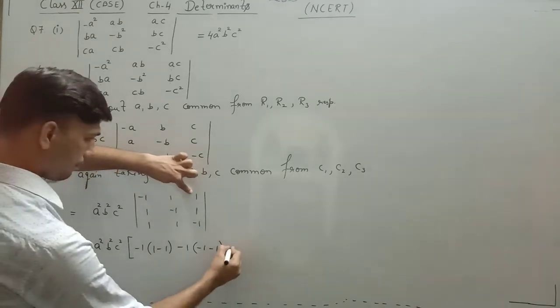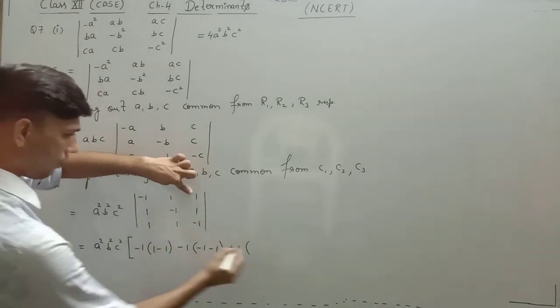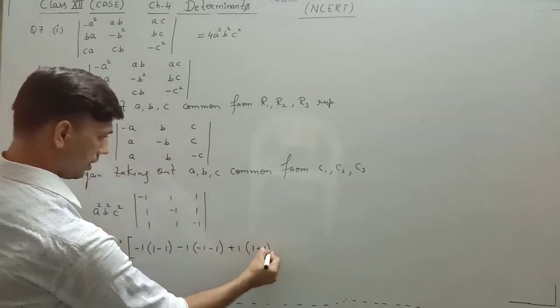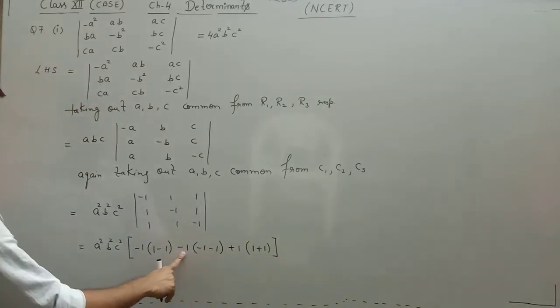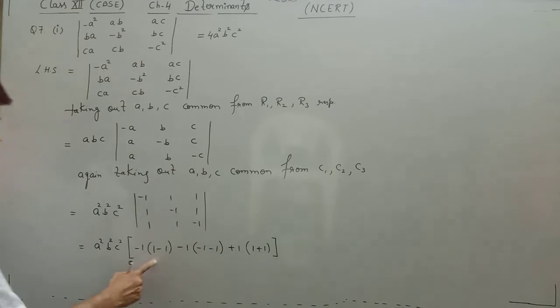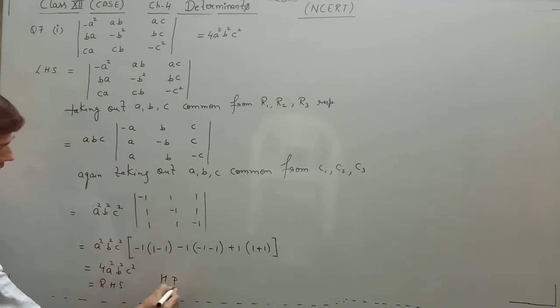Now last step. 1 plus 1. You can see here 2, minus 2, minus 1, plus 2, 2, 2, 4 and 0. So there is 4 a square, b square, c square. This is the right hand side, hence proved.